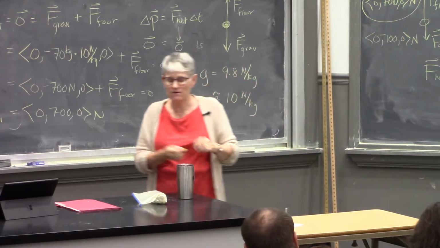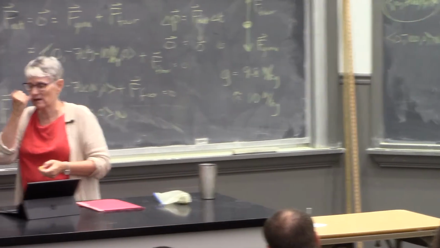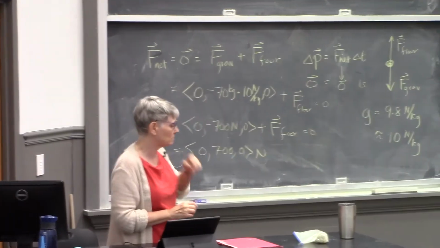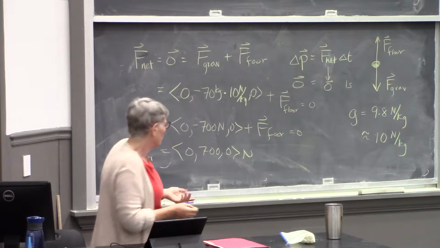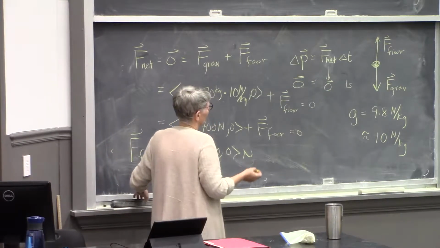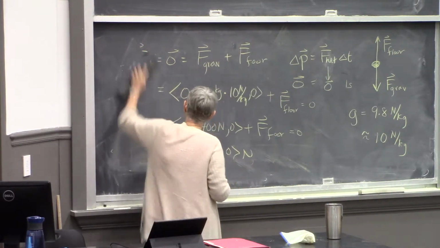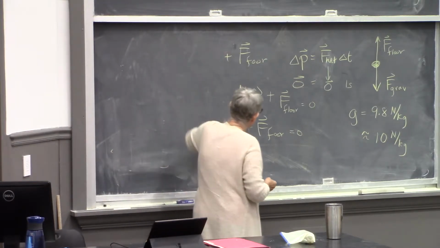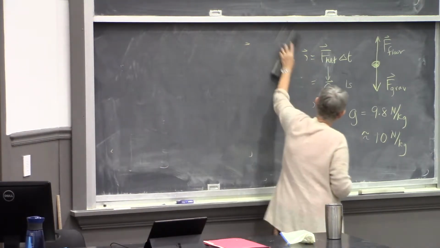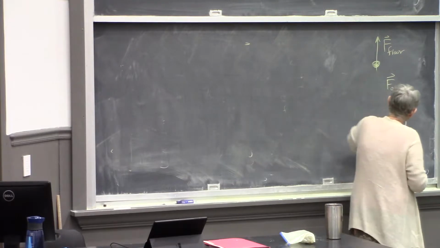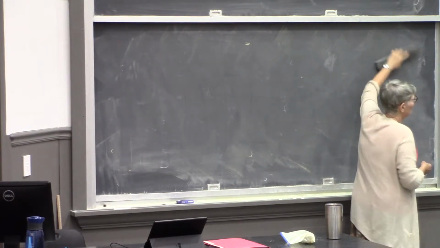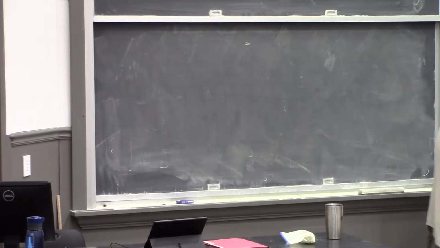So this turns out to be a very productive model that physicists and chemists use when they're thinking about solids, and it's called the ball-spring model of a solid. This is the model we'll use when we think about how solid objects interact with other objects that are in contact with them.